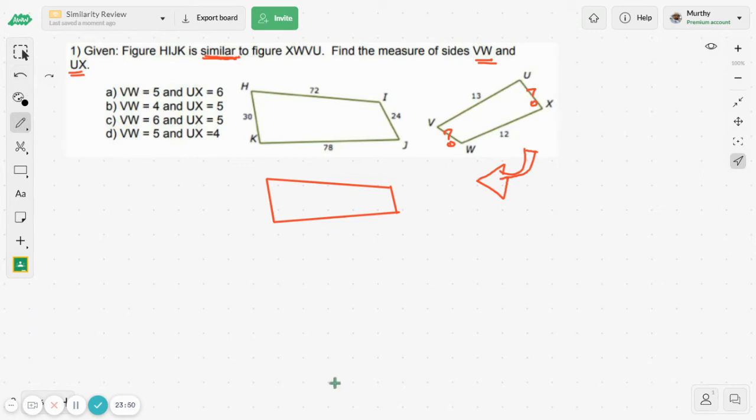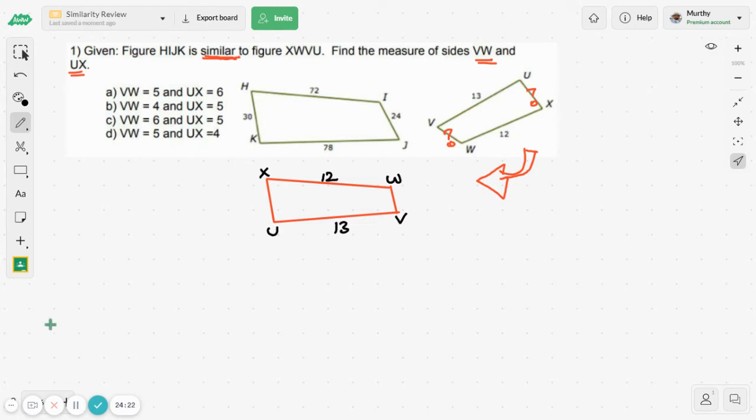If I rotate, 13 goes down, and 12 is here, and the short one is VW. So this goes this way, and W, then X goes here, and next U here.